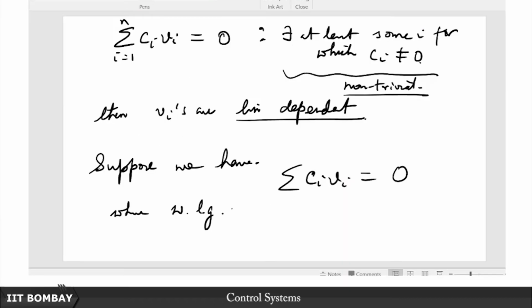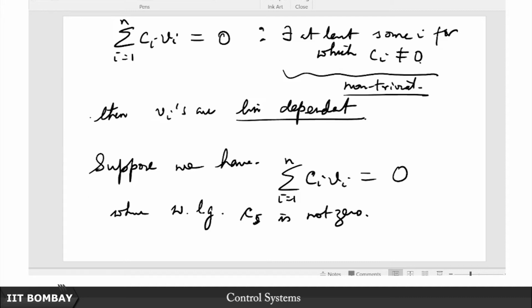I can choose C1, C2, C3, any one of them. So let me say C5, because I like the number 5 maybe. The others also could be non-zero, such as C5, C6, C7, C8, I do not care. If it has to be linearly dependent, then at least one of them has to be non-zero. So let us say C5 is non-zero.